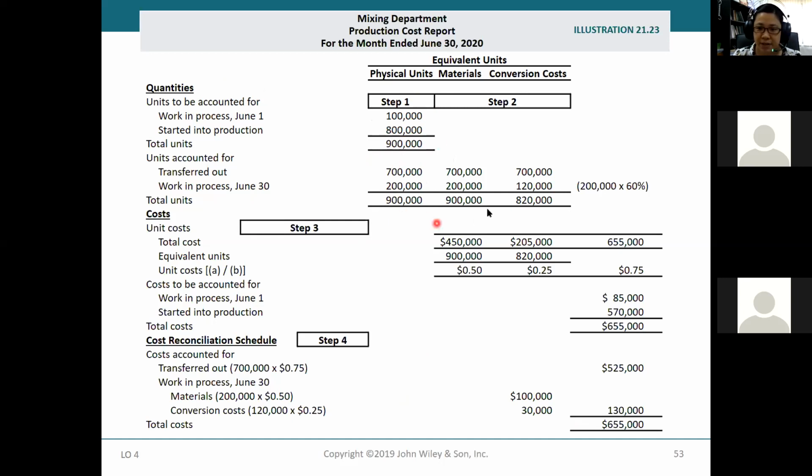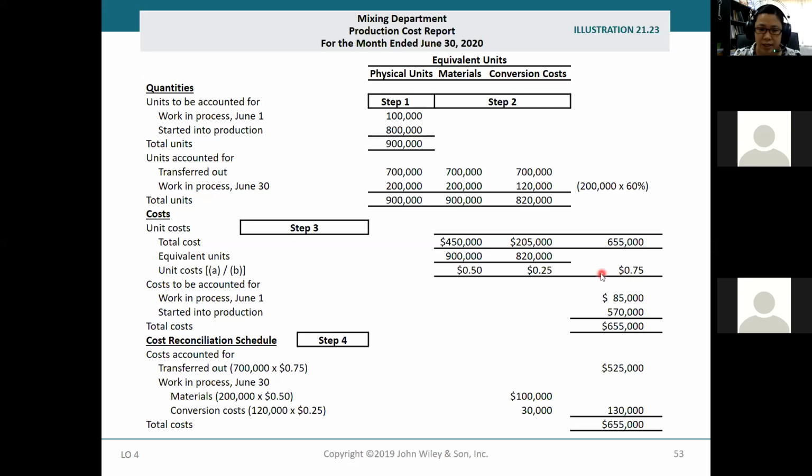Step number 2, we calculate equivalent units: for material 900,000, for conversion 820,000. Step number 3, we calculate the unit cost. Total cost for materials divided by equivalent units gives 0.5, and total cost for conversion divided by equivalent units gives 0.25. Add these two together, and that gives 0.75.